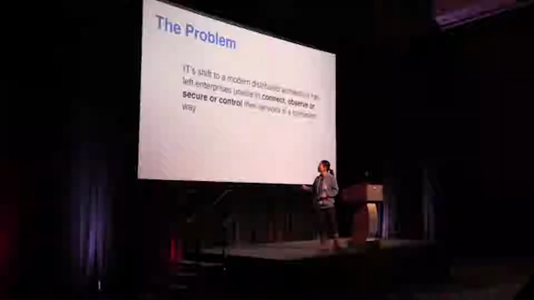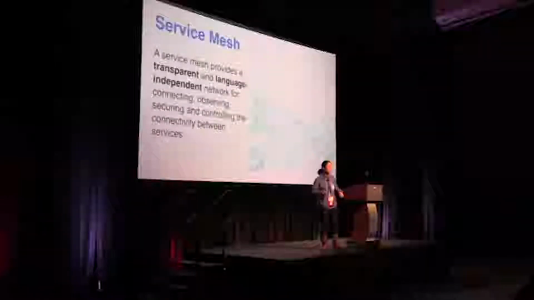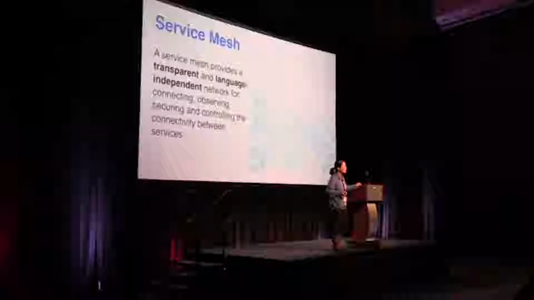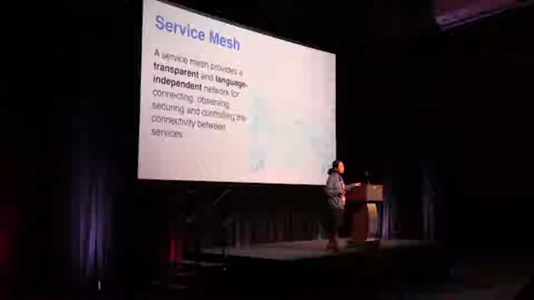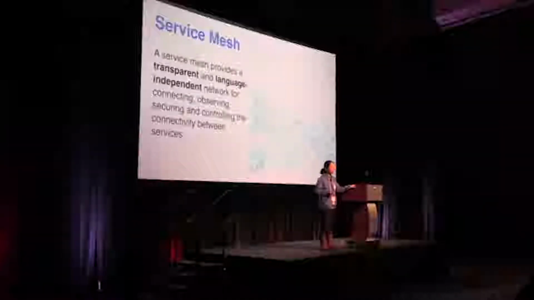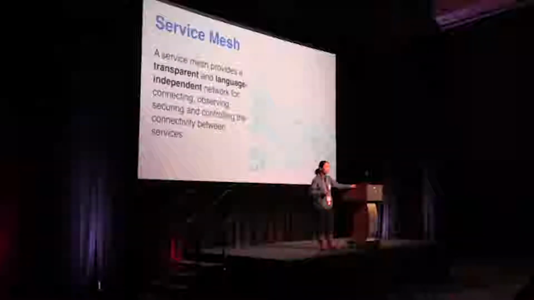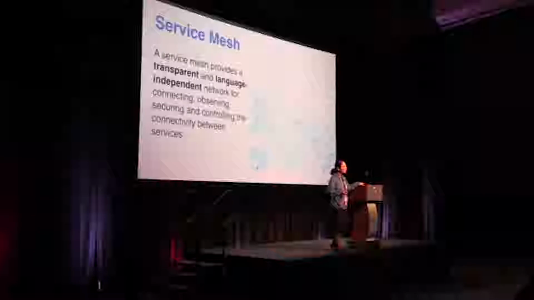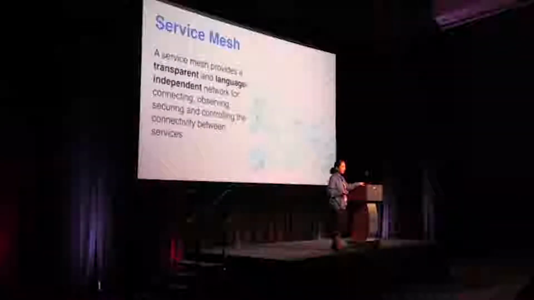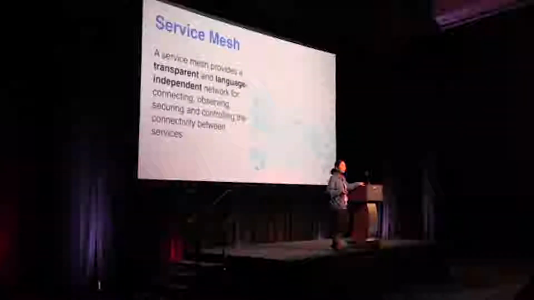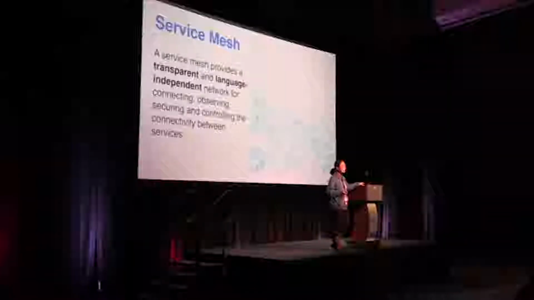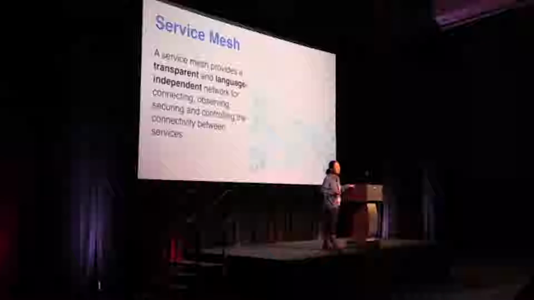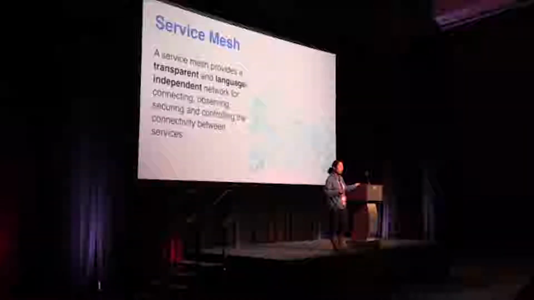With this problem, the service mesh concept was born, probably early last year. The service mesh provides a transparent and language-independent network for connecting, observing, securing, and controlling the connectivity between services. That's why people call it a network for services, not a network for bytes.